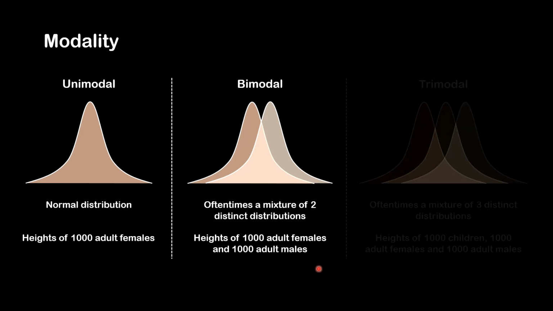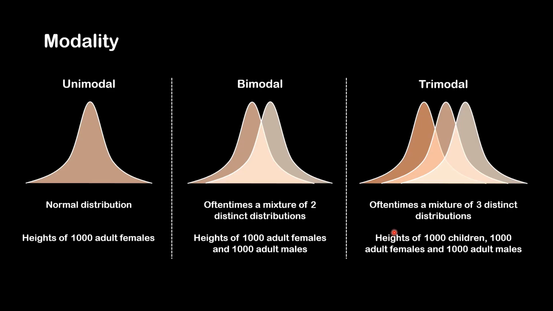Likewise, if you mix up three distinct distributions, say the heights of 1,000 children, the heights of 1,000 adult females, and the heights of 1,000 adult males, you're going to get a trimodal distribution, a distribution with three peaks. By the way, any distribution that has more than one peak is called a multimodal distribution. Therefore, a bimodal or a trimodal distribution is a multimodal distribution.